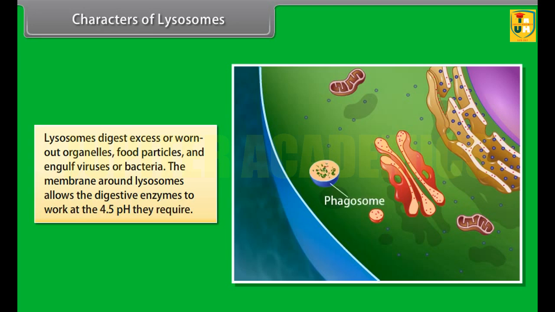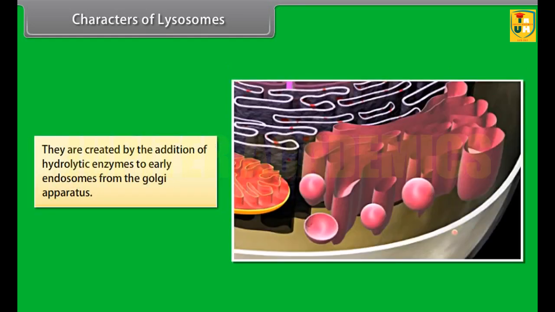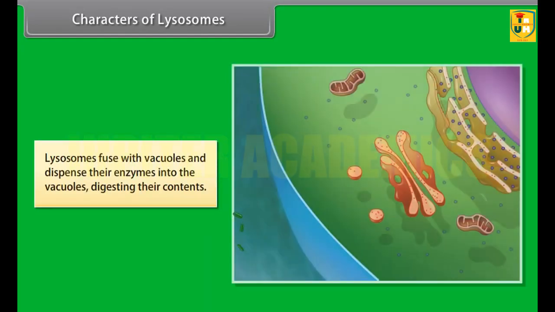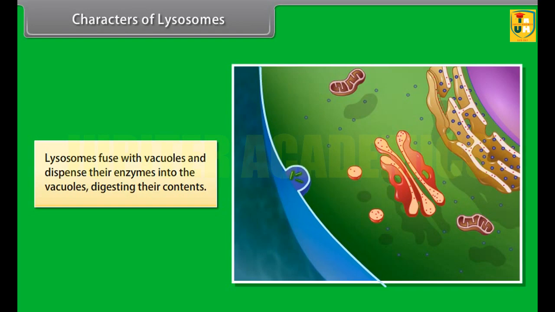The membrane around lysosomes allows the digestive enzymes to work at the 4.5 pH they require. They are created by the addition of hydrolytic enzymes to early endosomes from the Golgi apparatus. Lysosomes fuse with vacuoles and dispense their enzymes into the vacuoles, digesting their contents.